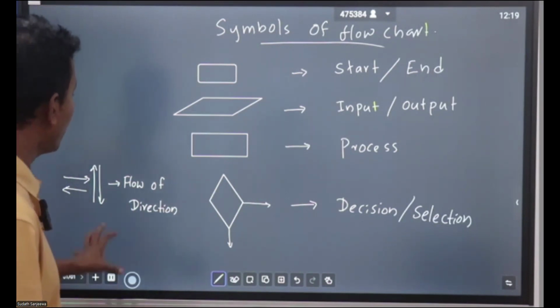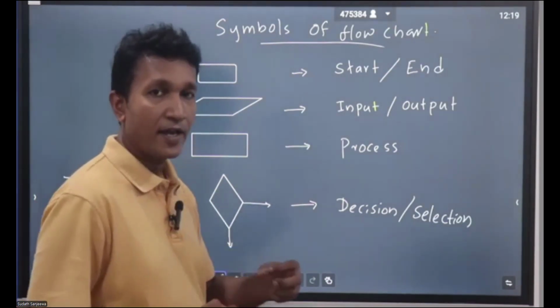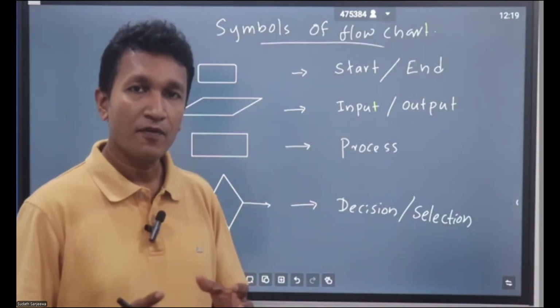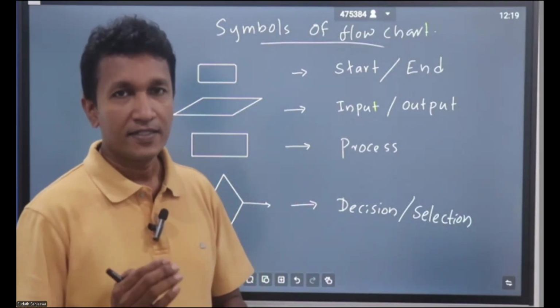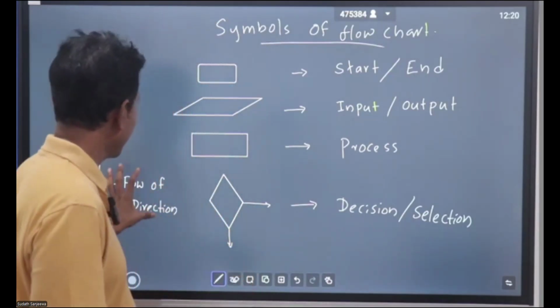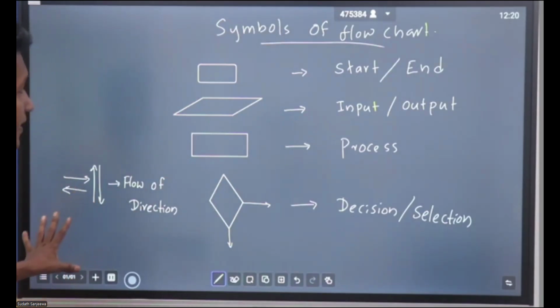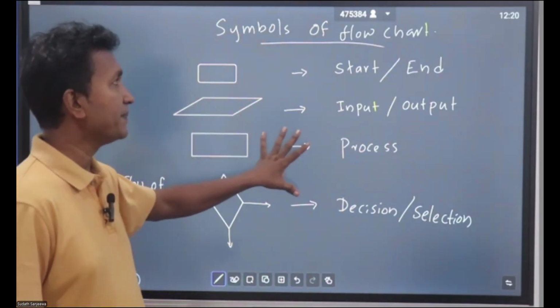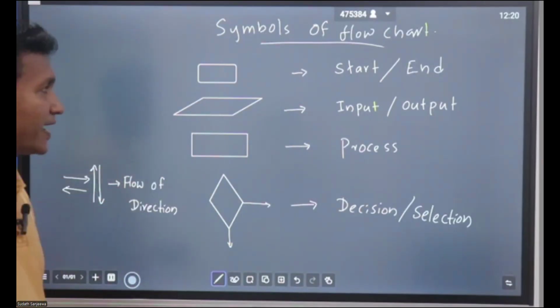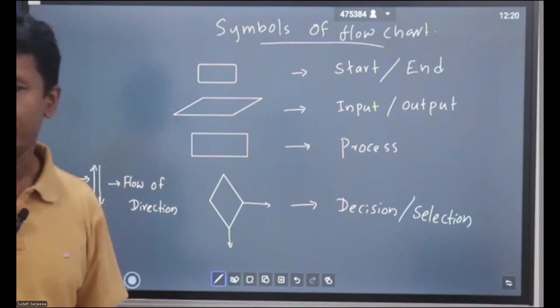To show the flow of direction, we use arrows. So from the arrows, we can see where the flow chart is going, right? So those are the main symbols of the flow chart. Better to write this as well, right?